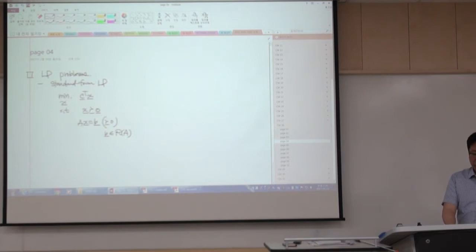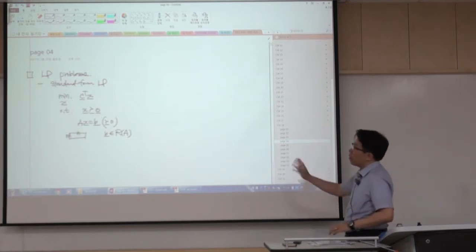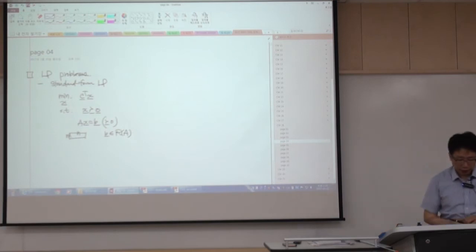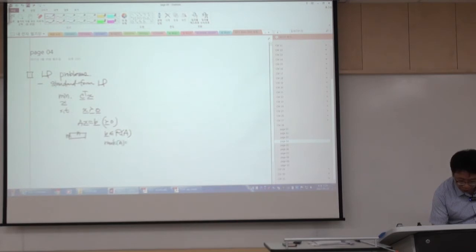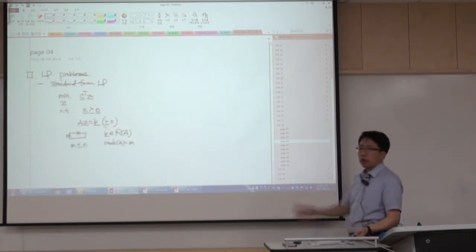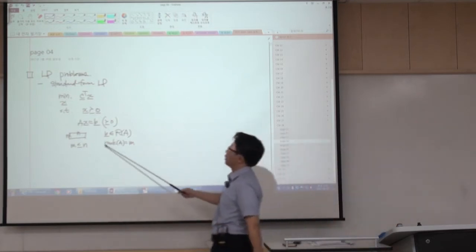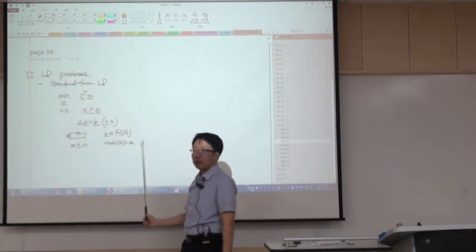We also assume that A is a fat matrix, and we may remove some variables so that we may claim that the rank of A is simply m, where m is less than or equal to n. That was the standard form linear programming problem.